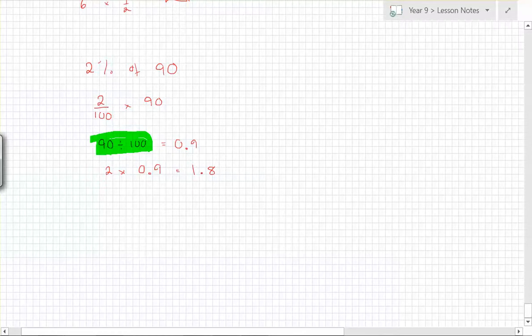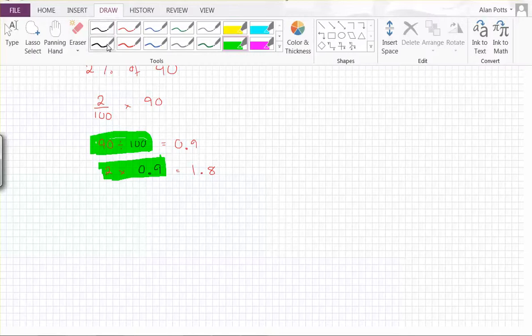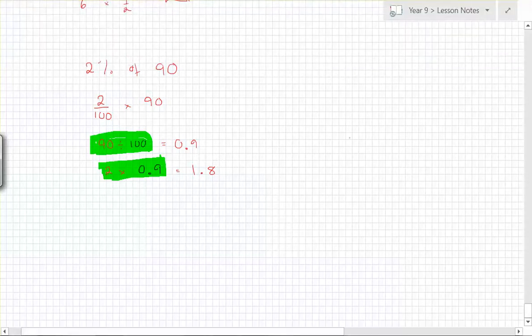It wasn't long ago that we were learning how to do that, and now you're using it really quickly and easily. And it wasn't that long ago that we were having to do multiplying decimals, and now you're using it to solve problems. So you're using two things to solve other problems, which shows you why you do things.